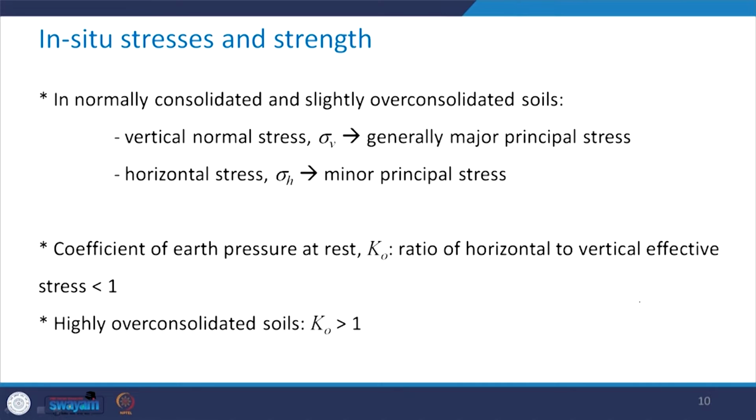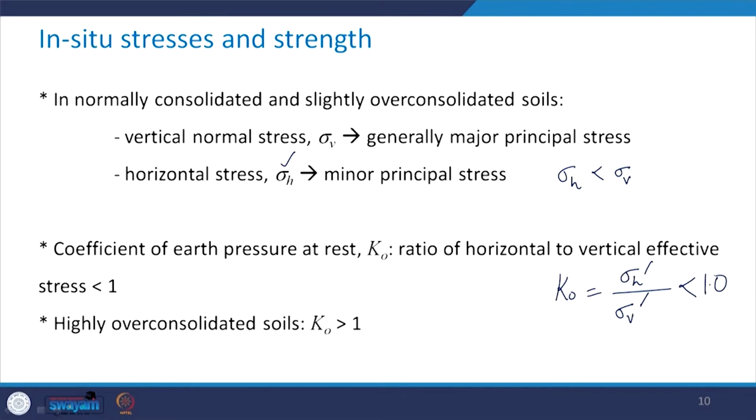In normally consolidated and over consolidated soils, you all know that vertical normal stress sigma V is generally the major principal stress and the horizontal stress sigma H is the minor principal stress, and therefore sigma H is less than sigma V. In the case of normally consolidated and slightly over consolidated soils, the coefficient of earth pressure at rest, which is defined as the ratio of horizontal effective stress to the vertical effective stress, is usually less than 1.